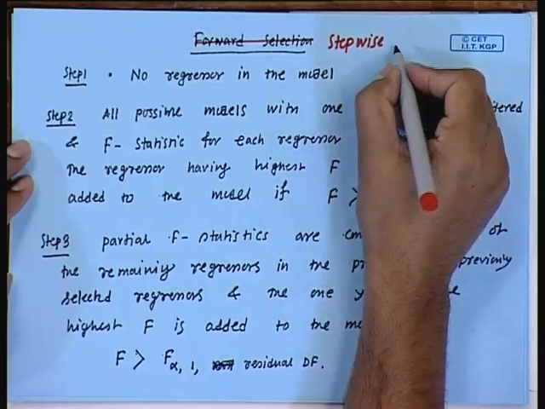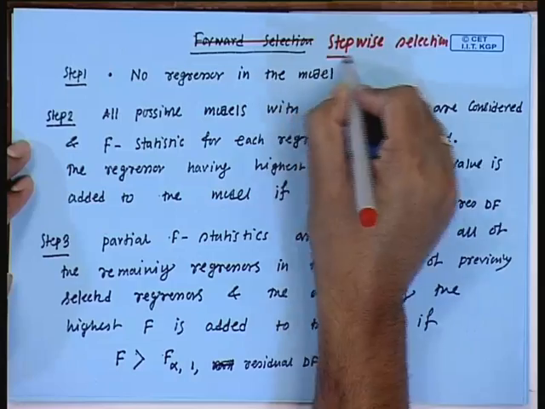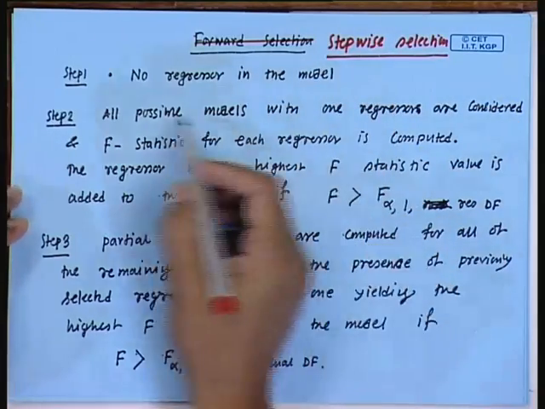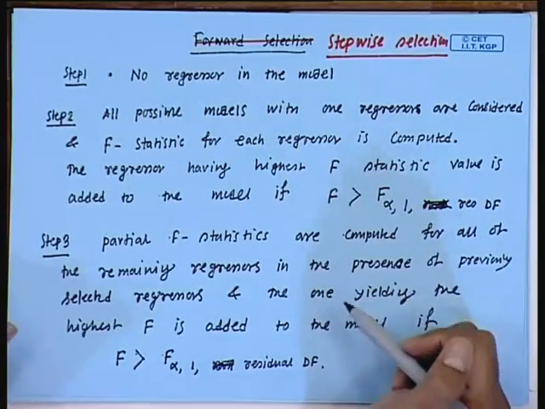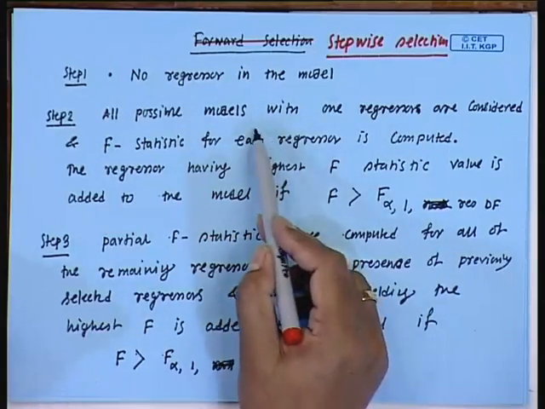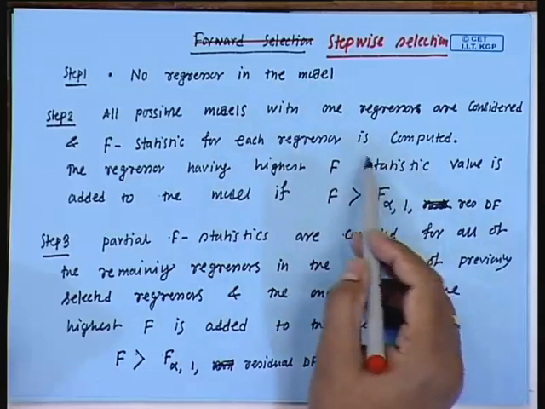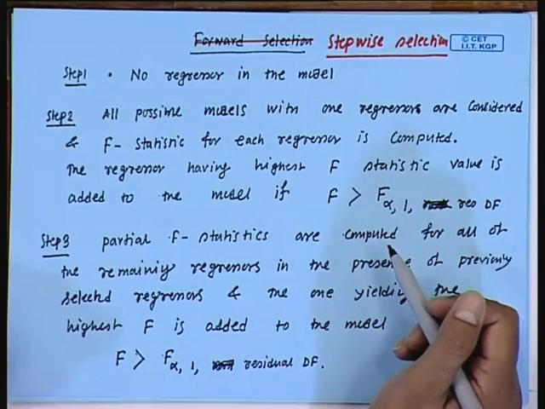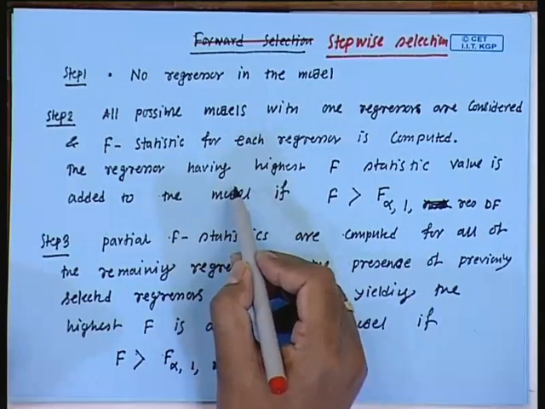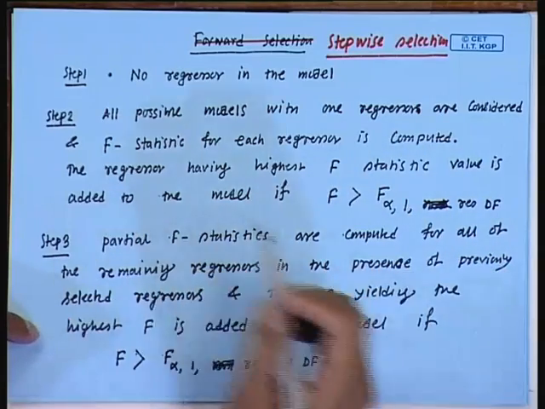Here also we start with no regressor in the model, and then all possible models with one regressor are considered and the F statistic value is computed, and the regressor having the highest F statistic value is added to the model.